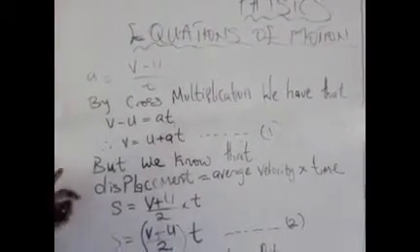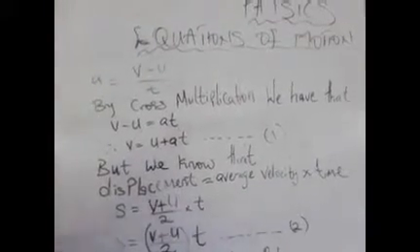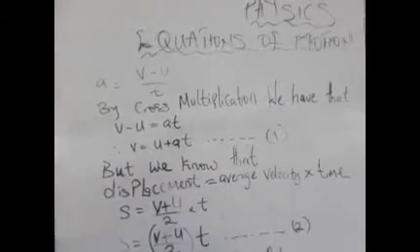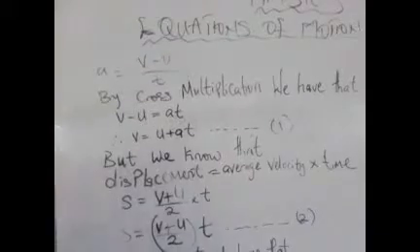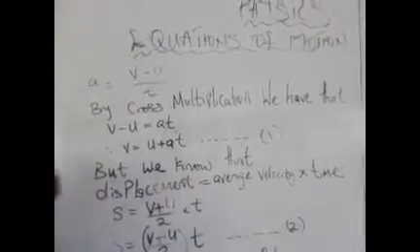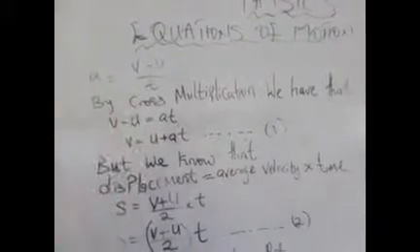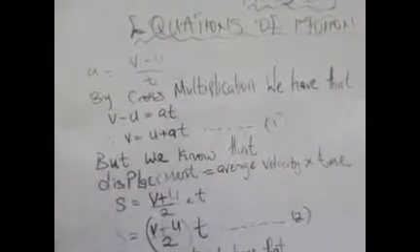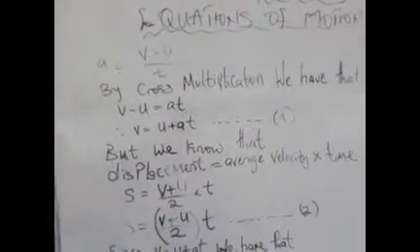And by carrying U to the other side of the equation, we have V equal to U plus AT. We can call it equation 1.